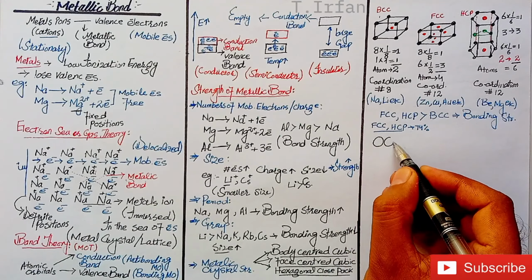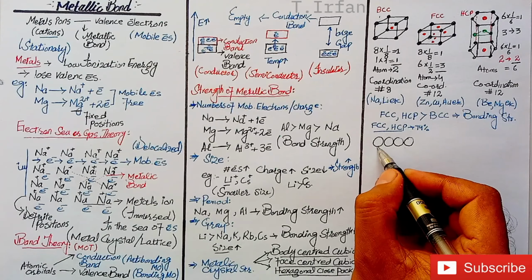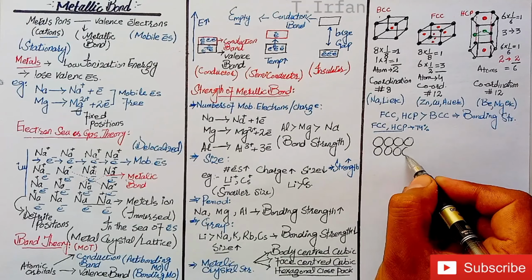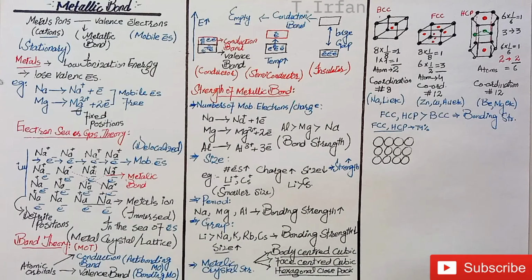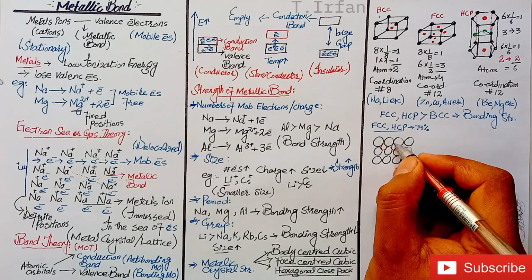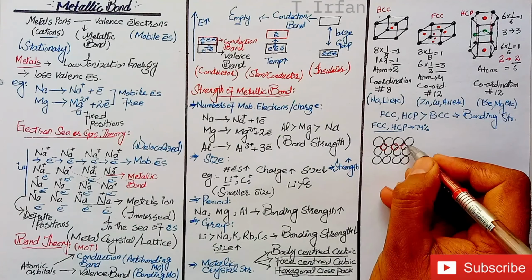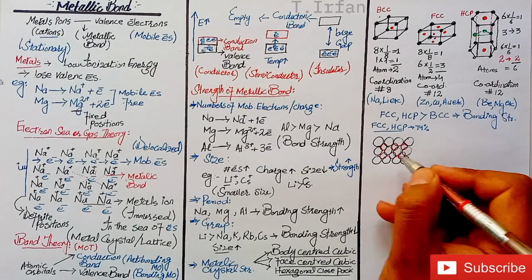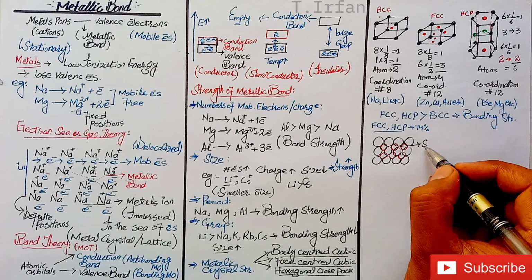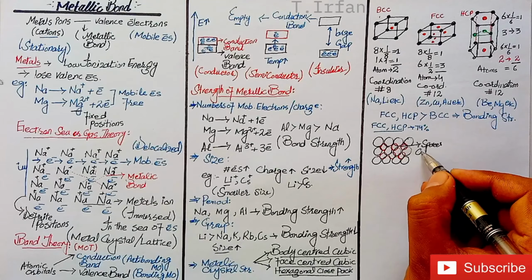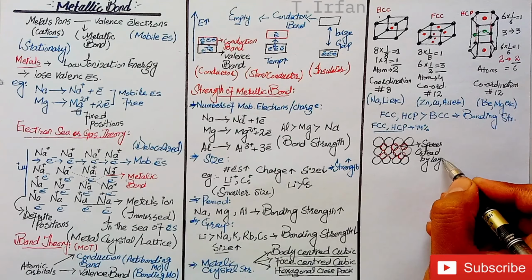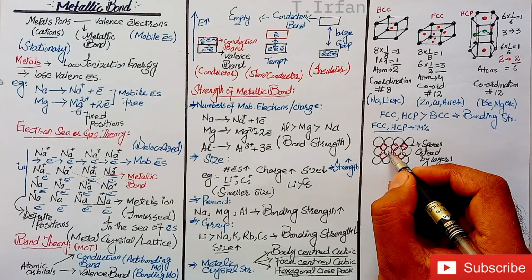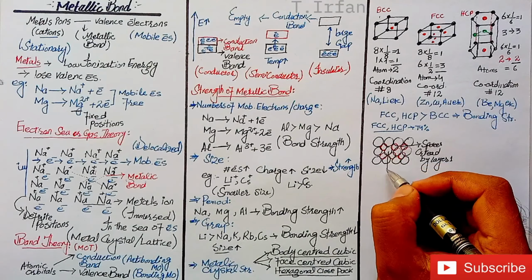In face-centered cubic, atoms form 3 types of layer, and in hexagonal close packing, atoms form 2 types of layer. For example, these are the 2 layers of atoms which create 2 types of spaces. The first space is created by the first layer, and there are also spaces which are created by the second layer.